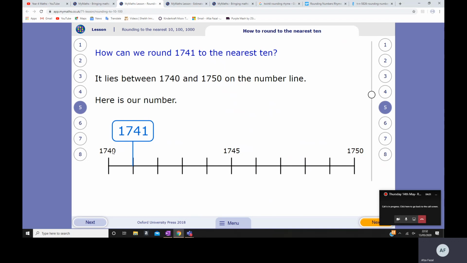So it's closer to 1,740. Now, this is the number, so the tens is telling me what two numbers go either end of my number line. The 1 here in the ones tells me whether I'm rounding up or down. In this case, because it's a 1, I'm rounding down. 0 to 4, slide to the floor. So it's closer to 1,740.